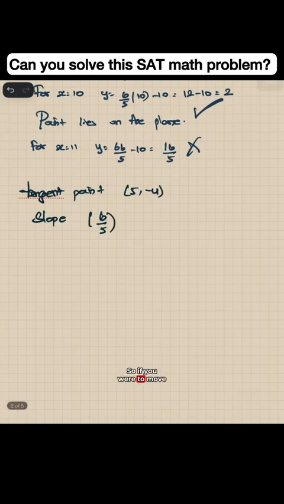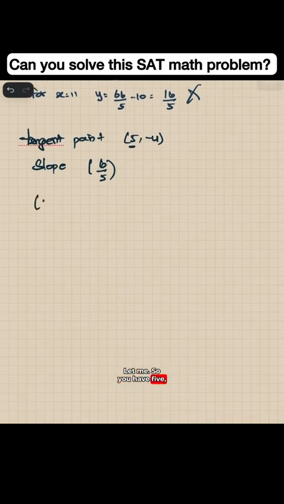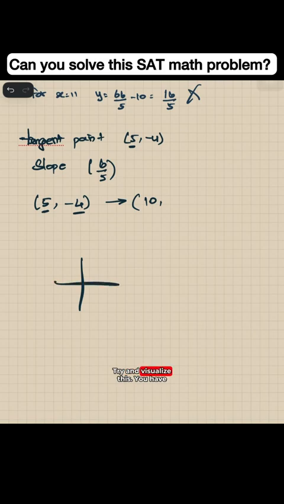So if you were to move right by 5 from 5 and move up by 6, you would get the correct answer. So you have 5, negative 4. Move right by 5, so you would get 10. And then move up by 6.